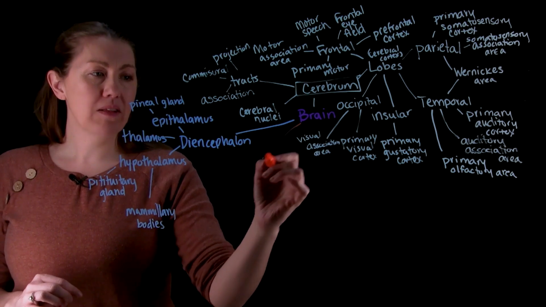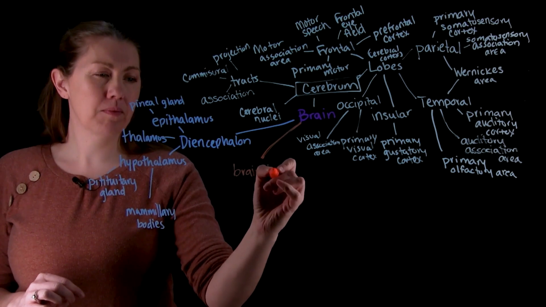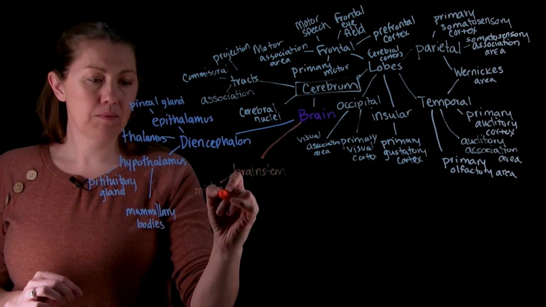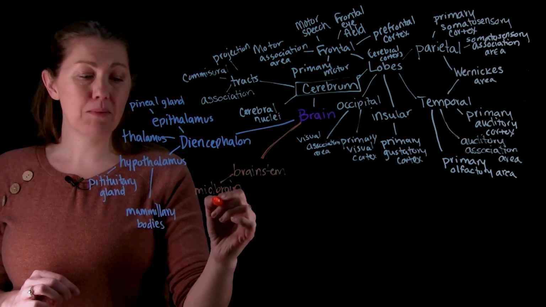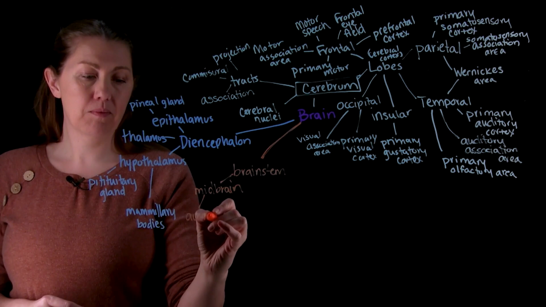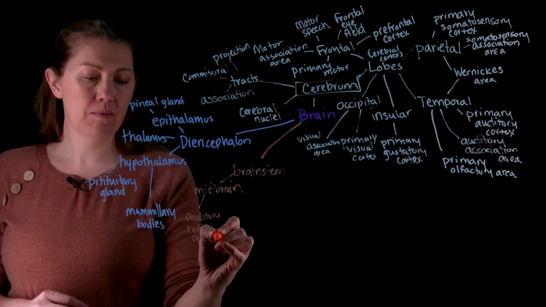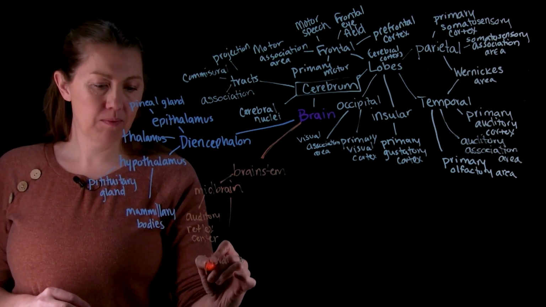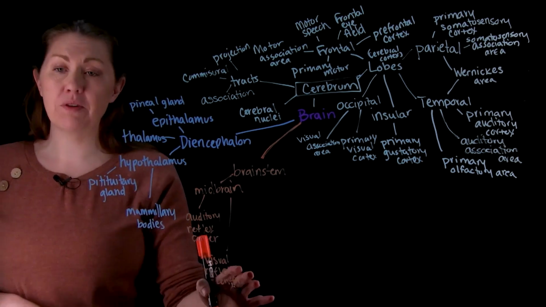All right, so off of the brain stem, you're going to have 3 main parts. We're going to go midbrain first. With the midbrain, you're going to have auditory and visual reflex centers.